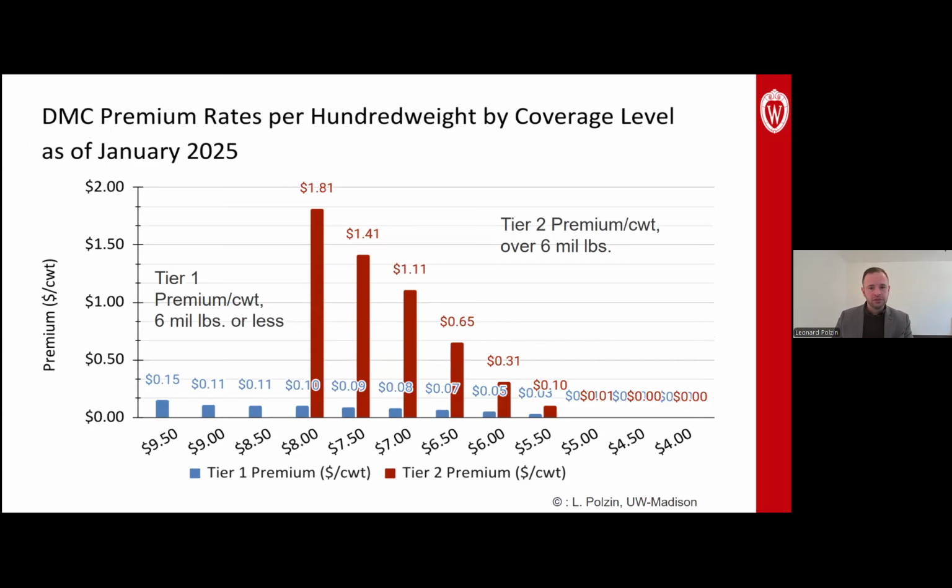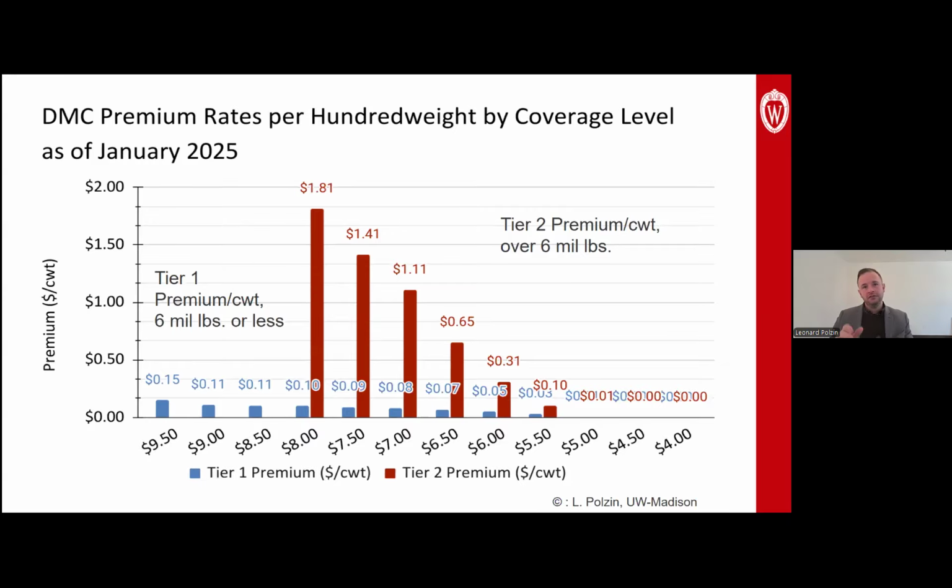Tier one is in blue, tier two is in red. You can see that the tier two premium is quite a bit more, and as you progress down in coverage level on tier two, it does get incrementally less. We'll see what that means in historic performance as well.